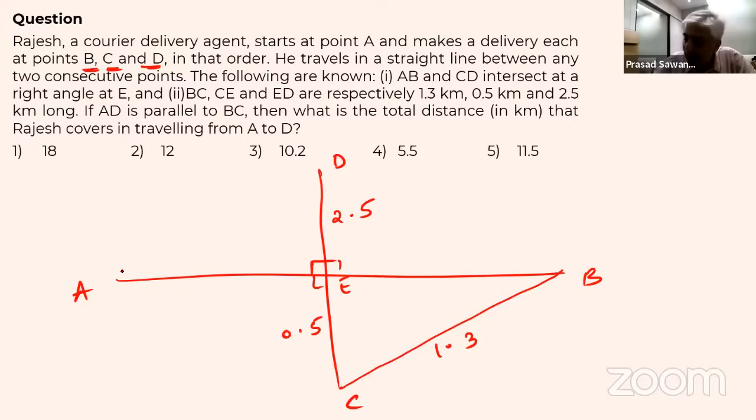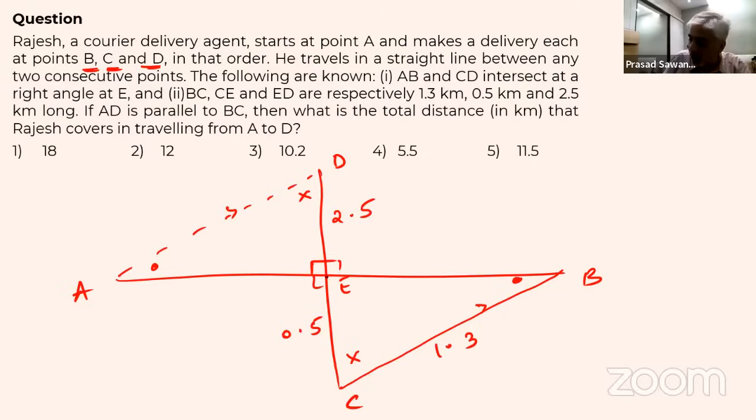And AD is parallel to BC. Lovely. These lines are parallel. If lines are parallel, these angles will be equal. And I will be able to use similarity. Triangles will be similar. Okay.